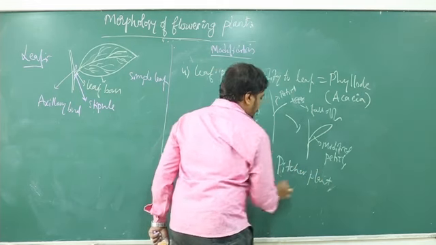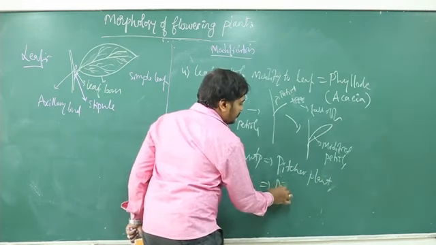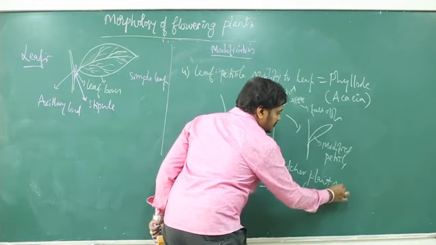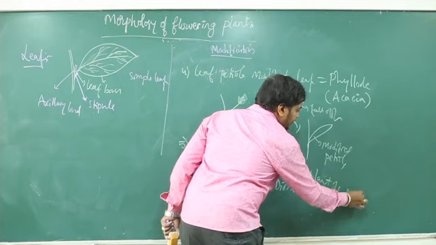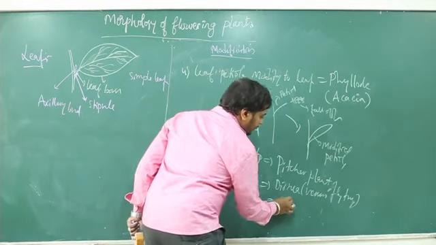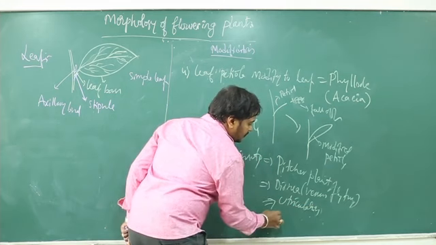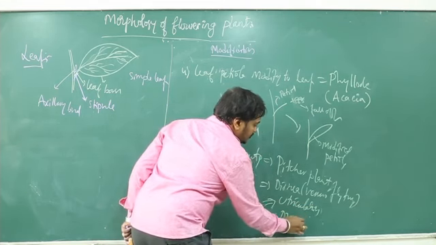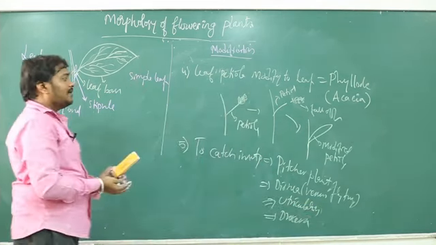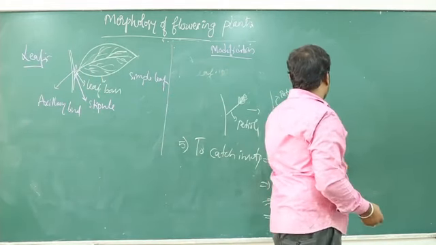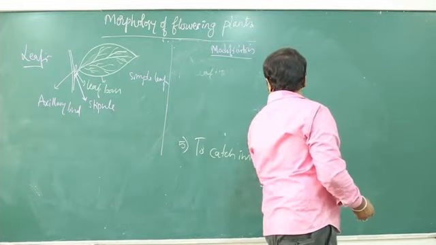Pitcher plant, then Dionaea, ಅಂದರೆ Venus flytrap. Venus flytrap ನಲ್ಲಿ ಇರುತ್ತೆ. Then Utricularia, Drosera. So these are some examples for insectivorous plants, in which the main part of the plant modified to catch insects is the leaf only.